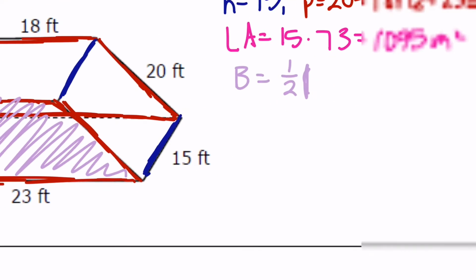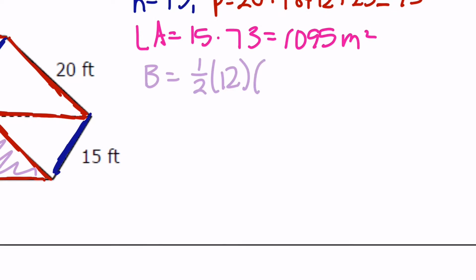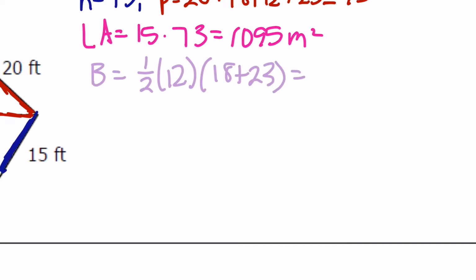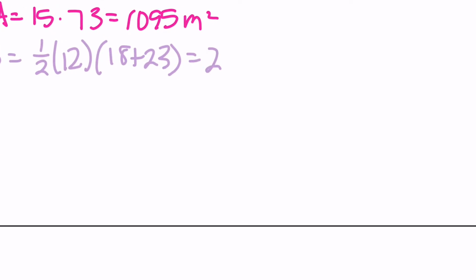In this case, it's 12. And then times 18 plus 23. And I'm going to just solve that out there. I just realized I put meters, this should be feet. Feet's right.